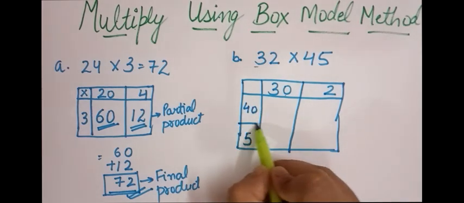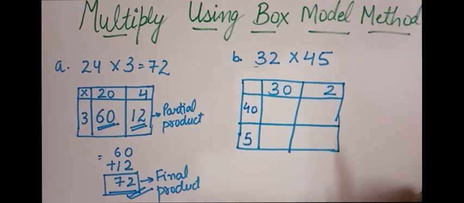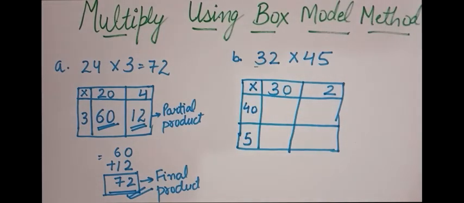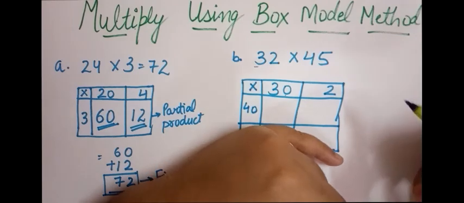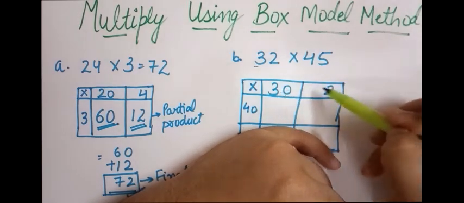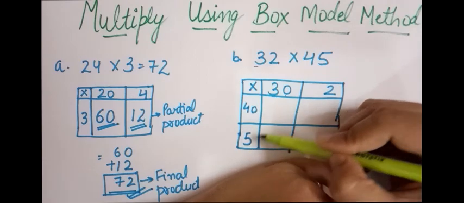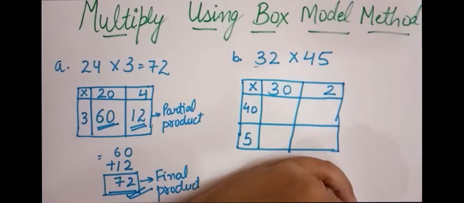Now I'll sketch this line and make compartments to find the partial products. Now I'm putting here the multiplication symbol. After that, one by one we will be doing it. First I'll be multiplying 32 by this 40, and after that by this 5. So let's see how we can do it.